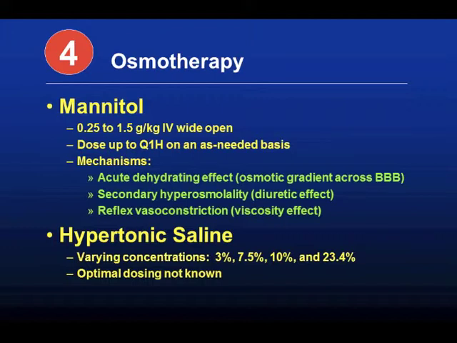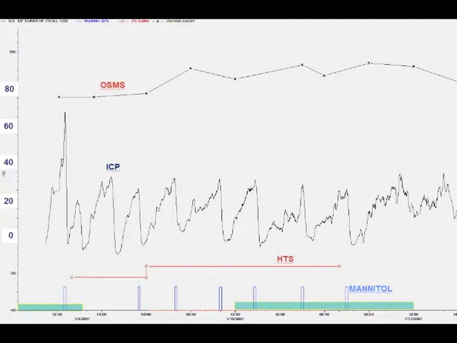And then the third component is that diuresis occurs. So there's a net efflux of free water that gets peed out with the osmotically active sugar. And that's mannitol. This is the effect of repeated boluses of mannitol illustrated here on ICP.